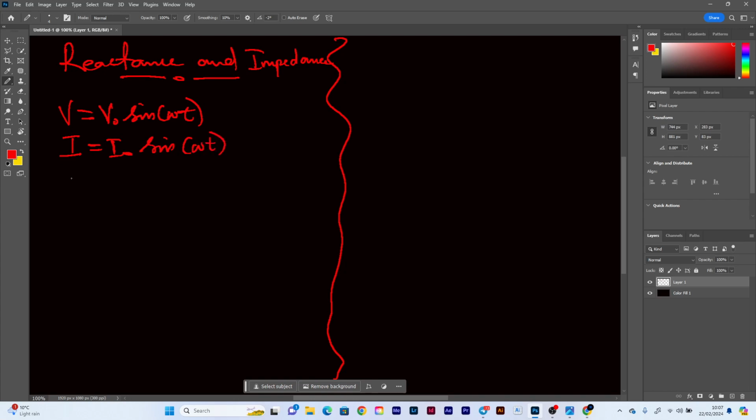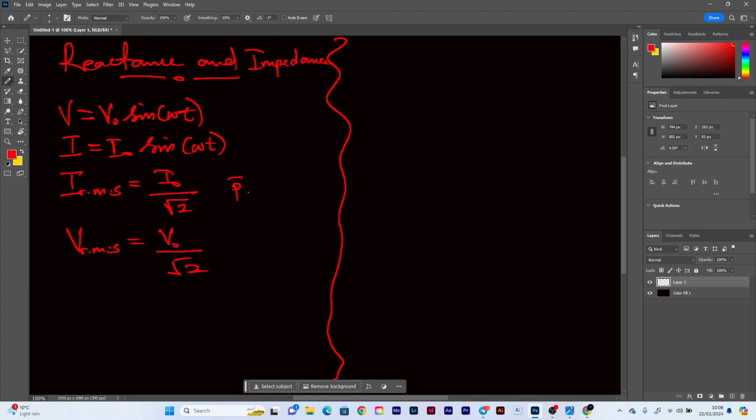The root mean square current, what we can refer to as the equivalent DC current, is the peak current divided by the square root of 2, and the root mean square voltage, the equivalent DC voltage, is V naught over root 2.